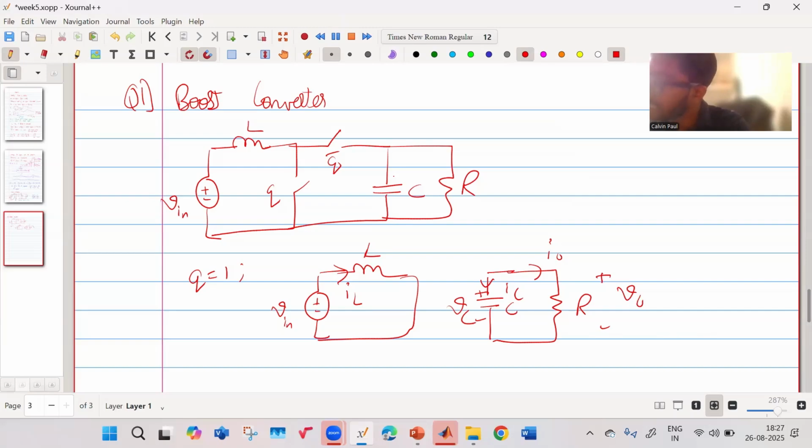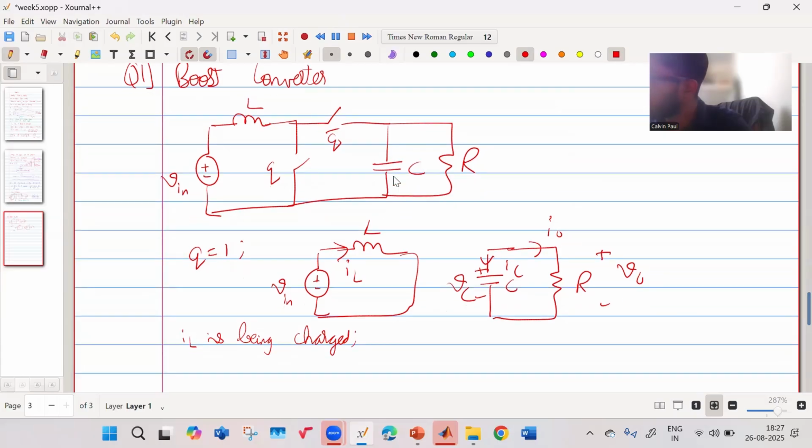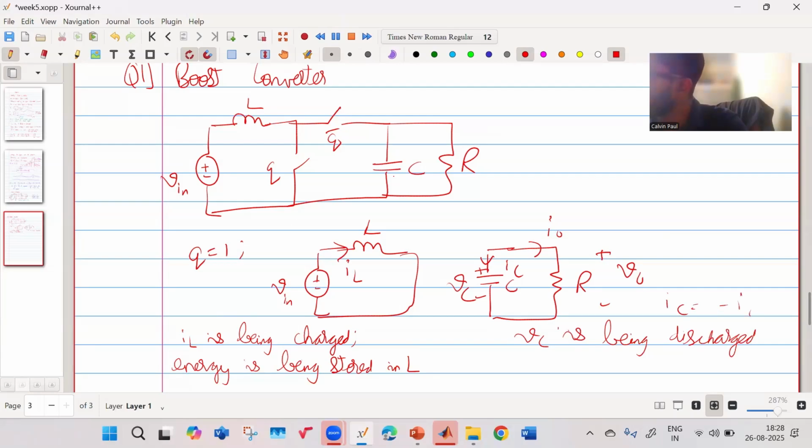Okay. So now what is happening is your inductor is being charged, or energy is being stored in the inductor. And in this case, VC is reducing. So VC is being discharged, right? Because your IC in this case is equal to minus I naught.